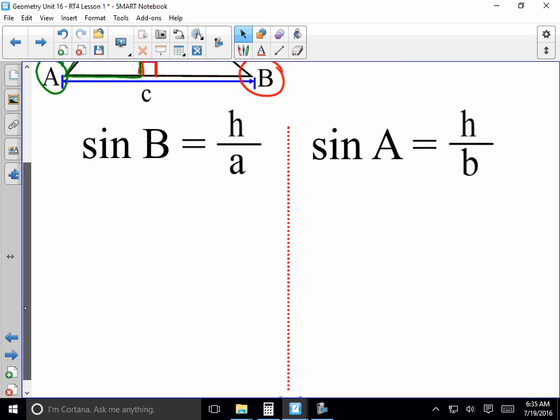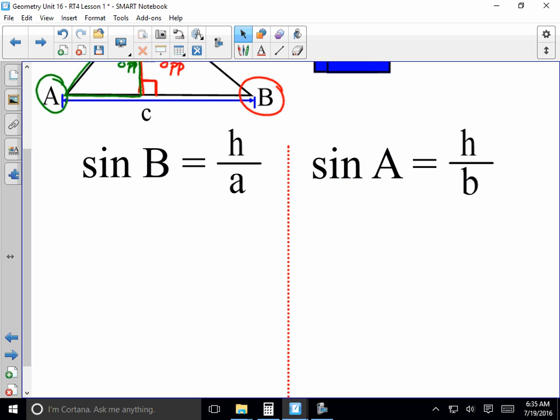Notice there's one similarity in these two formulas.